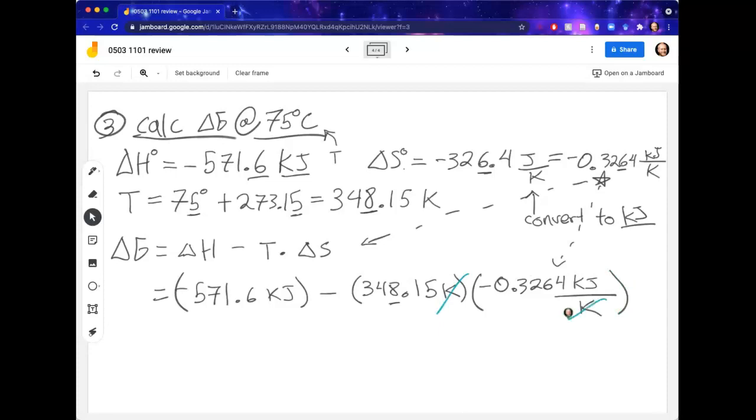Kelvin over Kelvin drops out, and we can finally get a value. What I would recommend is to calculate this number first, and then we can do the subtraction problem.